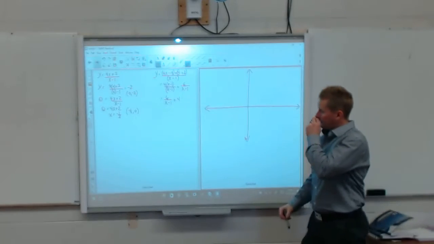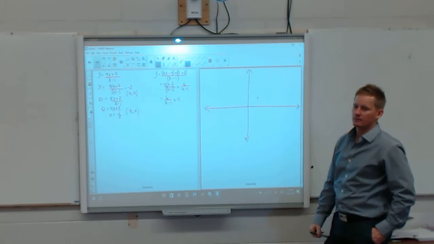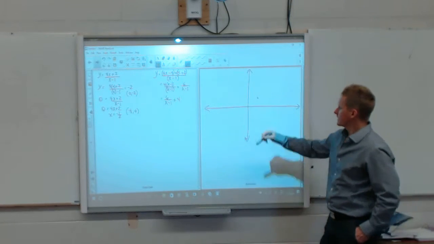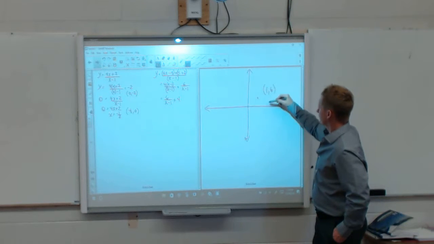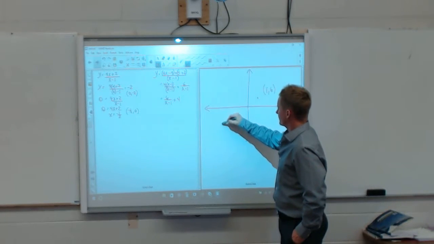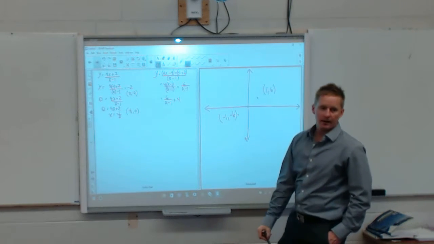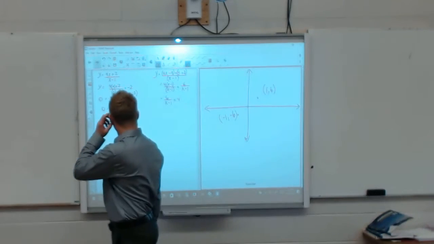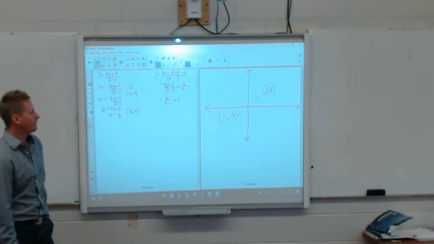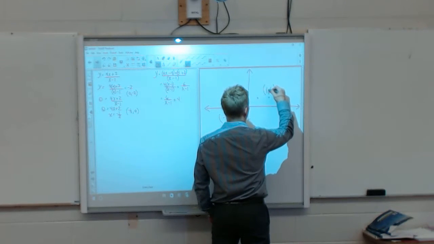Okay. So my first coordinate right here is 1 and 6. Right? My coordinate right here is -1 and -6. Okay? And where am I going to move them to? Right 1, up 4. Right 1, up 4.